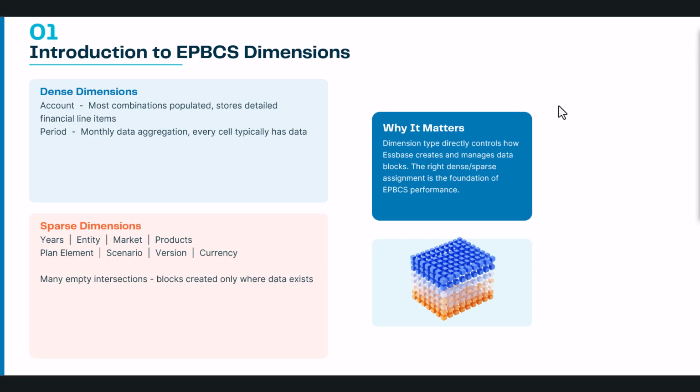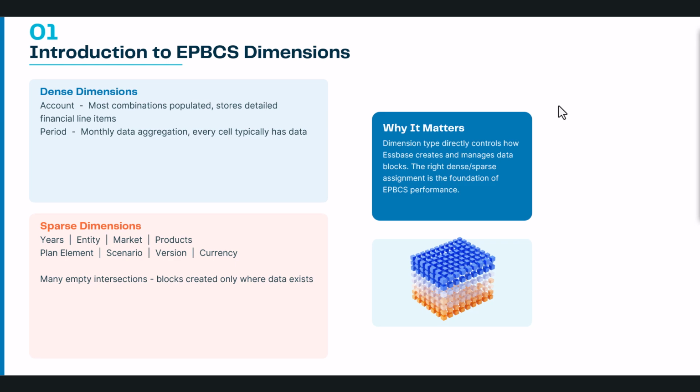Let's understand all the dimensions present in this application and why each is assigned as dense or sparse. Every dimension in our EPBCS application falls into one of two categories, either dense or sparse. I want to be clear, this is not just a label.